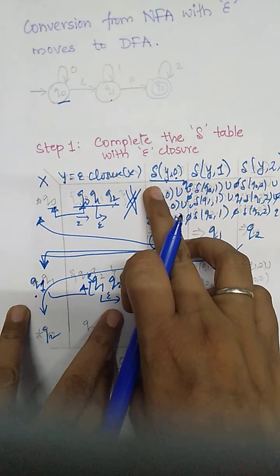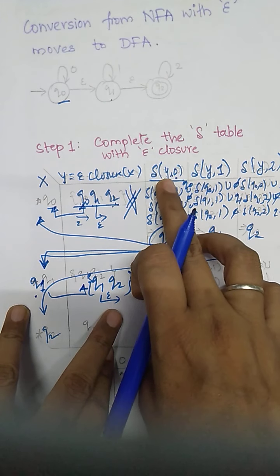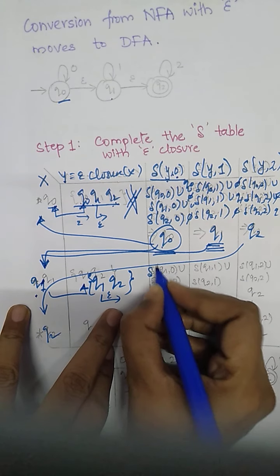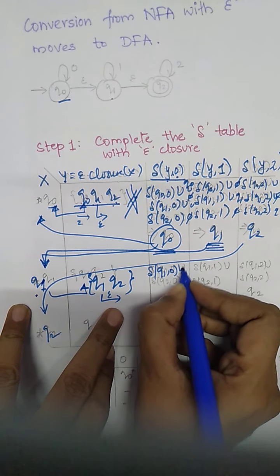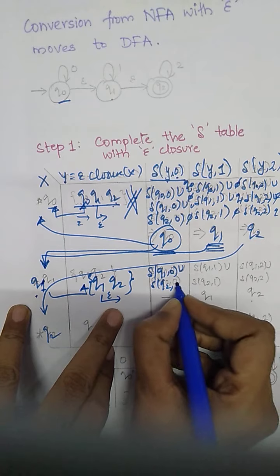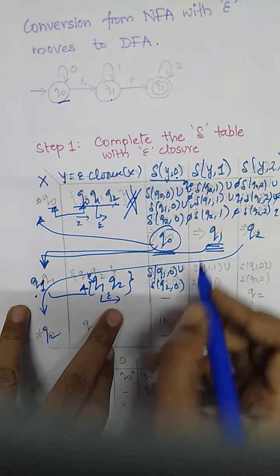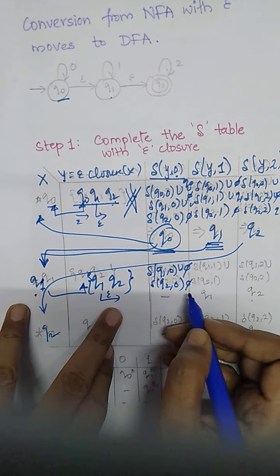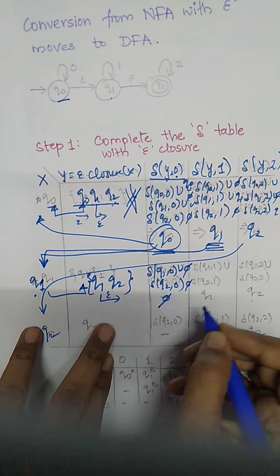Now next find the transition of y with input 0. What is y? Here it is Q1 and Q2. So we have to find out Q1 on 0 union Q2 on 0. Q1 on 0 is nothing. Q2 on 0 is nothing. So the answer is nothing.